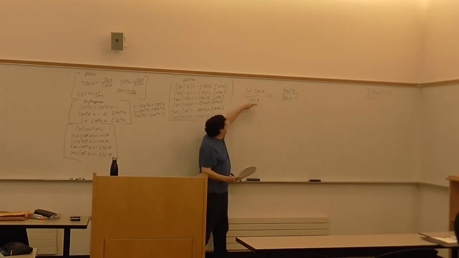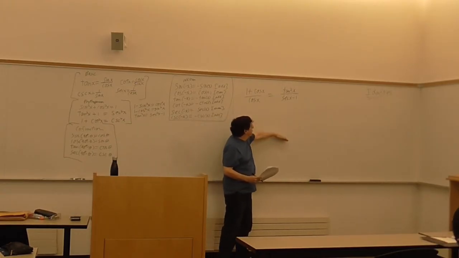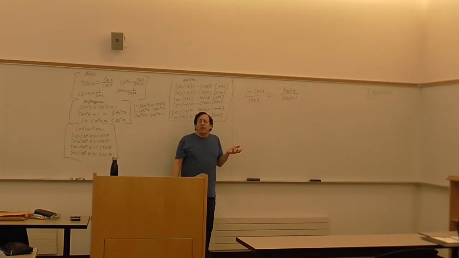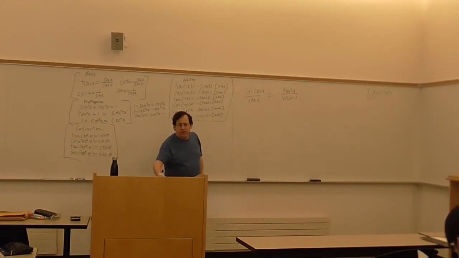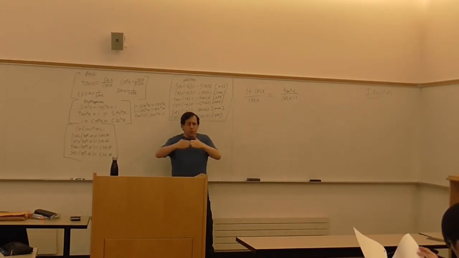You could try and find your way from here to there, or vice versa. But sometimes it's not always obvious how to get from one to the other. But you could kind of follow each of these down. You could kind of work each side, see if you can get them to correspond.